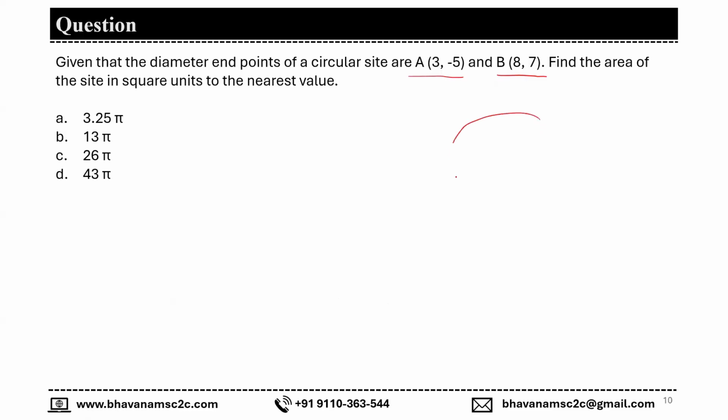Assume that this is a circular site, and the diameter endpoints of the circular site are A and B as 3 comma minus 5 and 8 comma 7. Find the area of the site in square units. What we need to find out is the area of the entire site. How are we going to do it?